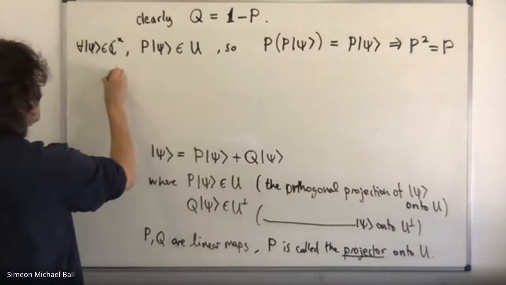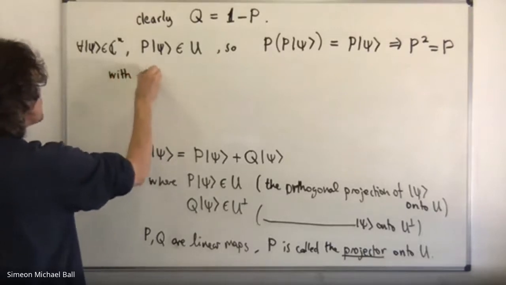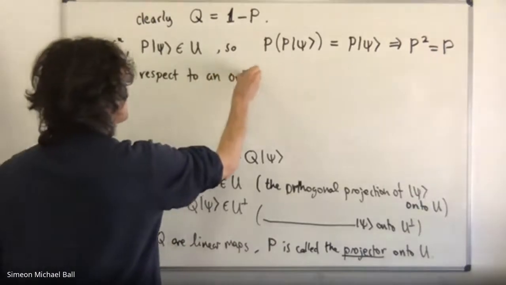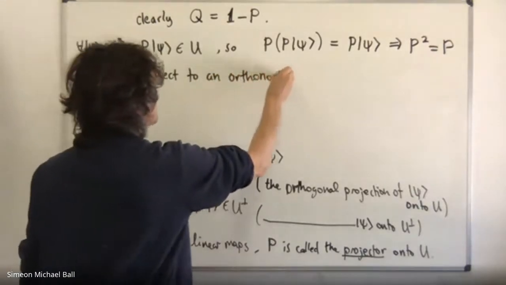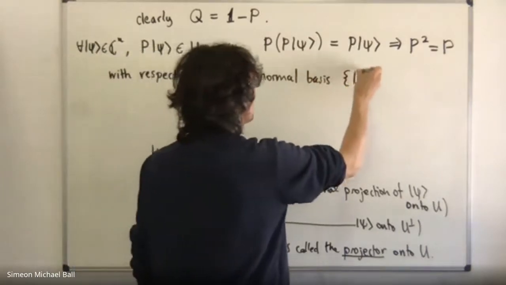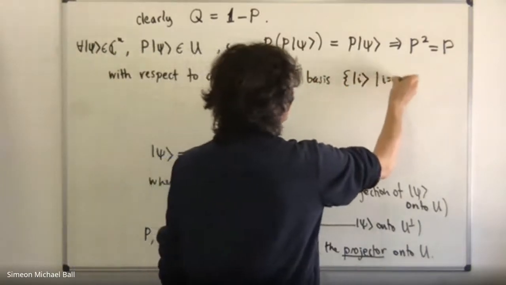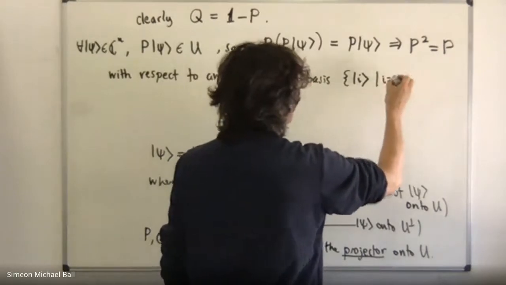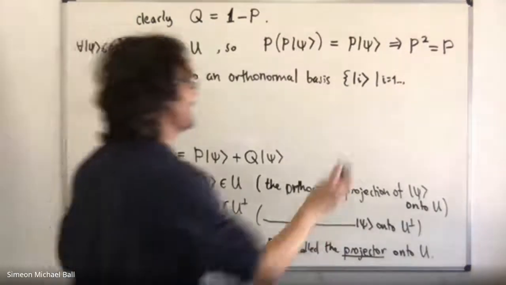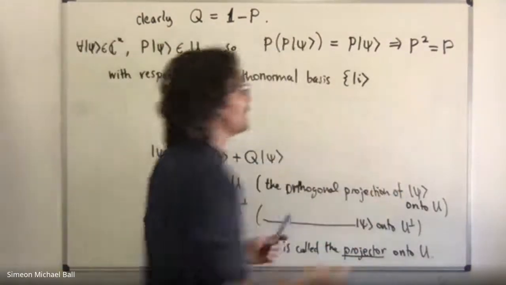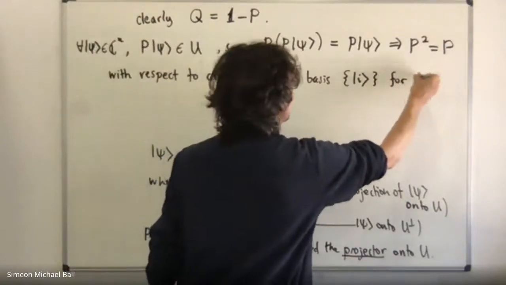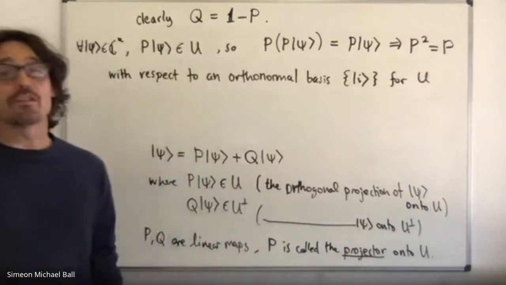So with respect to an orthonormal basis, let's not, and this is another awful thing that they do, and which we will probably do as well. We're just going to write this if we don't want to have to specify what the dimension of U is.